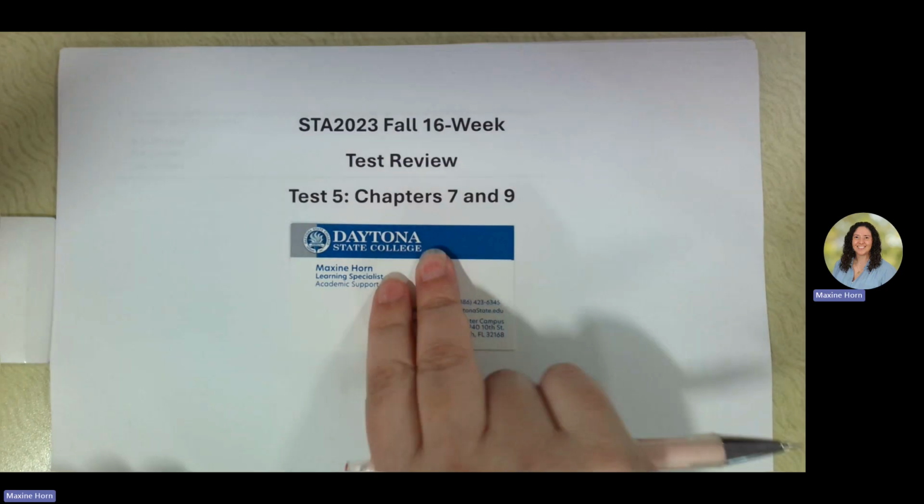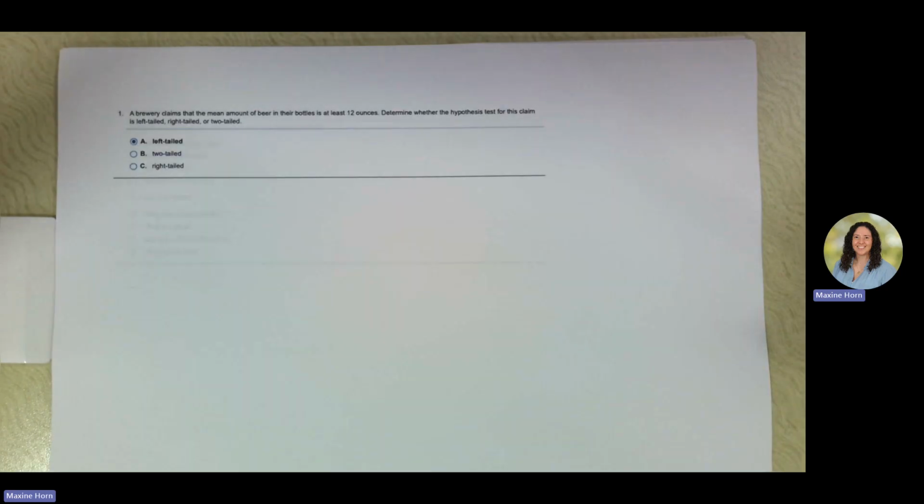All right, so for chapter 7, we are talking about hypothesis testing. There are a few things that we're going to be referring back to over and over. I took a super quick picture in the physical textbook of a couple of these things.